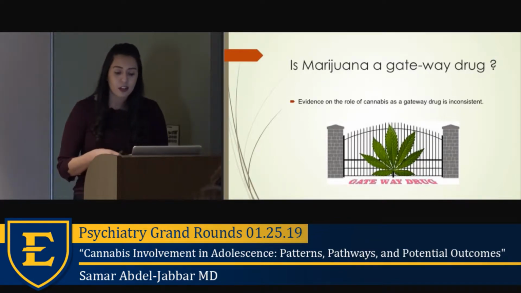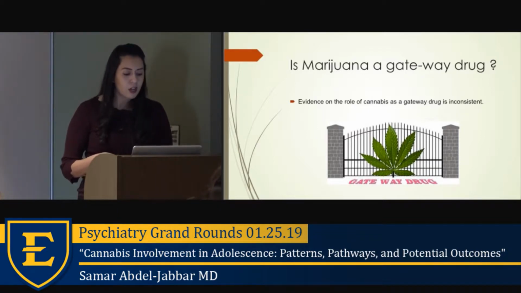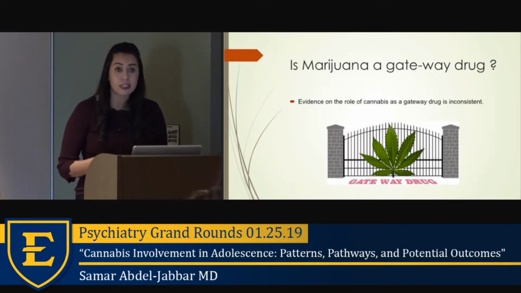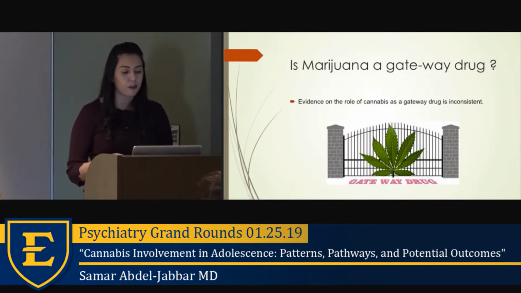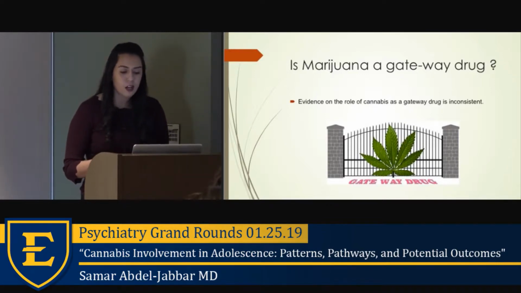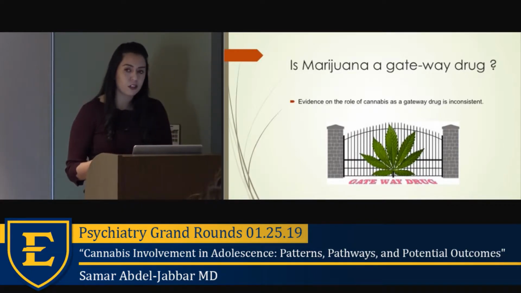These findings are consistent with the idea of marijuana possibly being a gateway drug. Also, cross-sensitization is not unique to marijuana. Alcohol and nicotine also prime the brain for a heightened response to other drugs. And like marijuana, they are also typically used before a person progresses to other harmful substances.